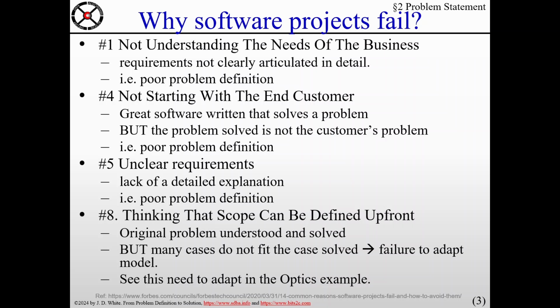Things have changed since 1940, right? But these systems are still clunky. They were designed then, developed into the 50s, and they work well, but now we're 70 years later and we're still using the same system in the air. Other places don't use that. So you need to adapt, and we're going to see that in the optics example.